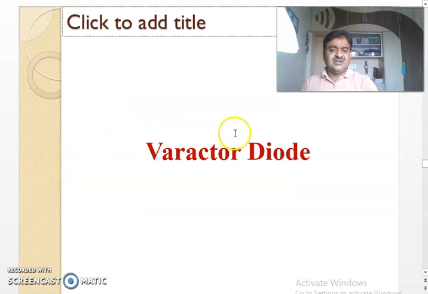Now we are discussing another diode, that is the varactor diode. What about the varactor diode? What is its symbol? Where is it used? What is its actual shape? All these things we will discuss.